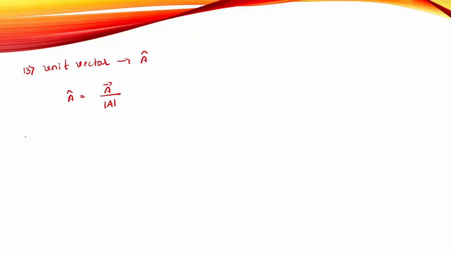Right. Then the next one, zero vector, or we can say null vector. It means one whose magnitude is 0. Then we studied position vector. Position vector means a vector that gives the position of a particle at any instant with respect to the origin of the coordinate system.